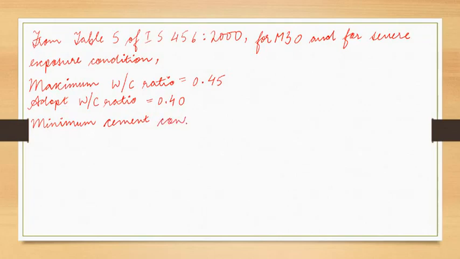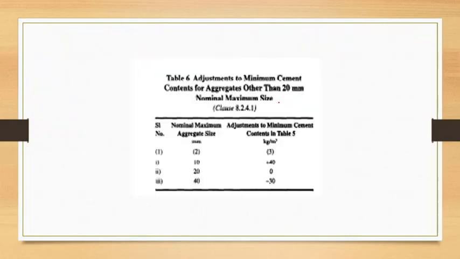Minimum cement content is equal to 320 kg per meter cube, but this is for aggregate size 20 mm. But our question of aggregate size kiman dia ase, 40 mm, so we have to make the adjustment, and adjustment is from table 6 of IS 456 2000.